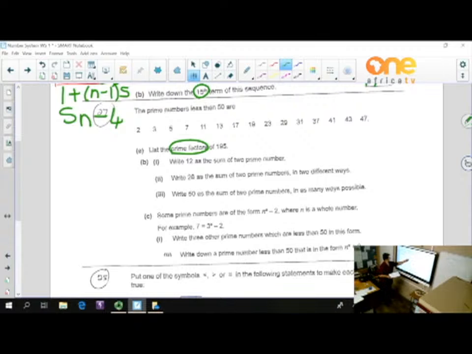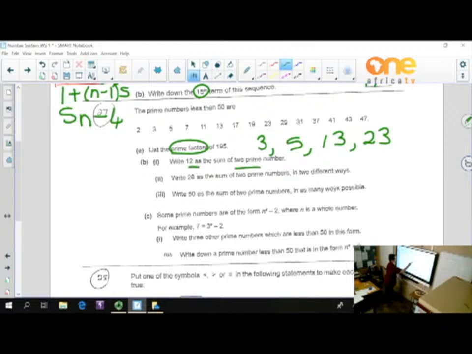So you'll sit and say 195 divide by 2, divide by 3, divide by 5, until you find the correct ones there. So I have 3, 5, 13, and 23. So it must give you a whole number. So you just do that with your calculator.